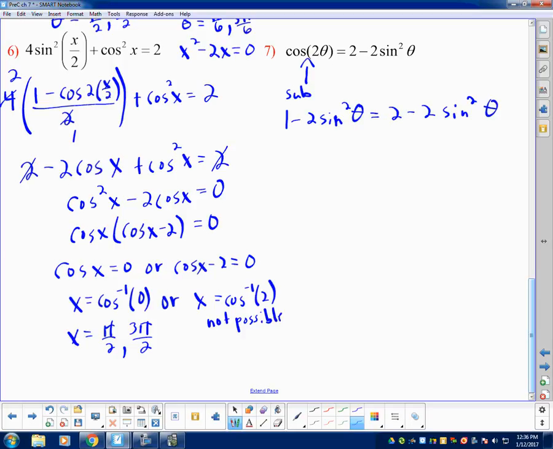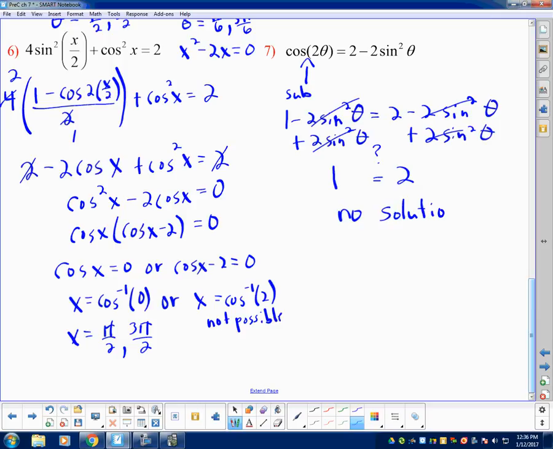All right, so let's see if we can go ahead and solve this. Maybe set it equal to 0. Move everything over. What happens when I add 2 sine squared theta to each side? 1 equals 2. What does that mean? Yeah, there's no solution.